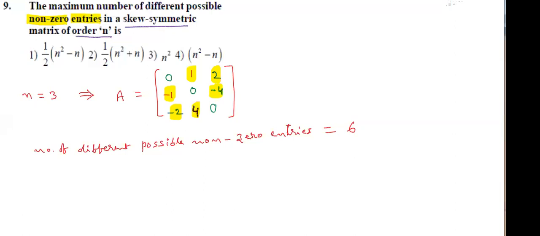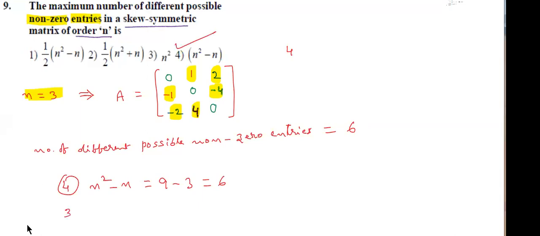Verify the options. I am going to verify the fourth option. Fourth option, what they have given? N square minus n. Instead of n, substitute 3. 3 square, 9 minus 3, that is equal to 6. Both coincide now. So it is correct.